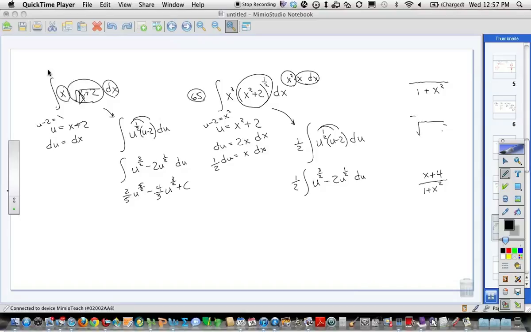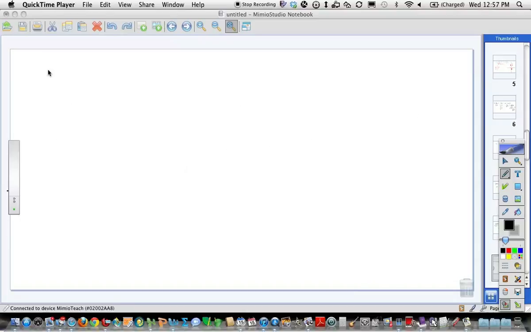Okay, well, let's go ahead and move on to that new technique then, so we can give you some support time here on this. The new technique is called integration by parts.